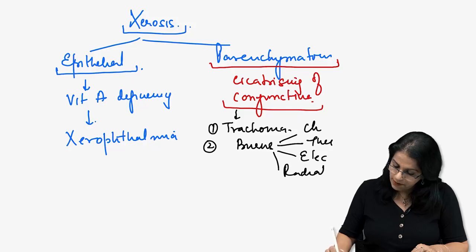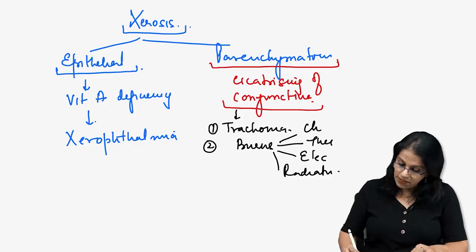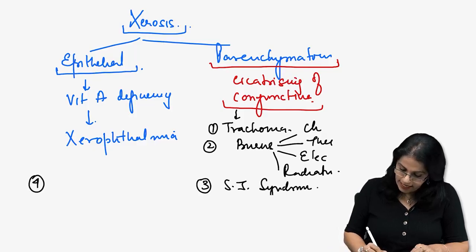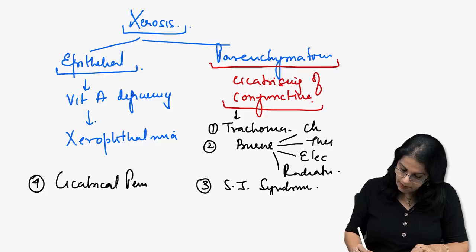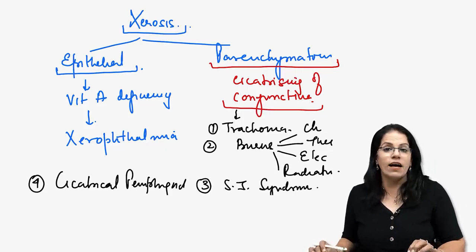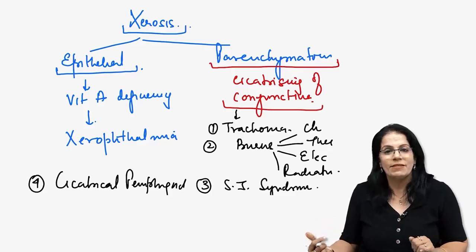Third, Stevens-Johnson syndrome. And number 4, if you want to add, I am writing here, it is cicatricial pemphigoid. These are some of the causes where you get scarring of conjunctiva. This is what is parenchymatous xerosis.